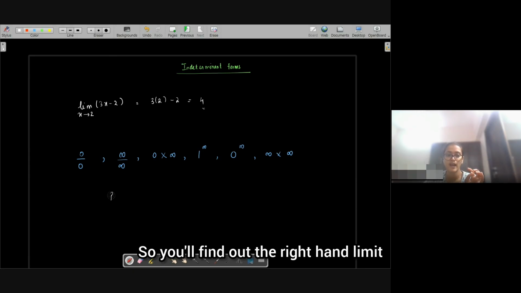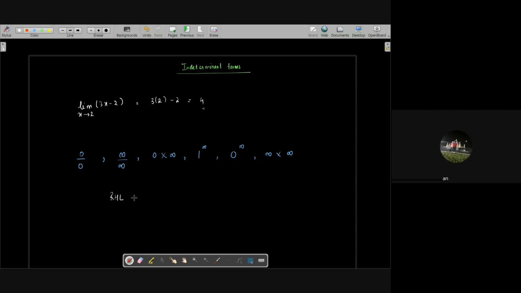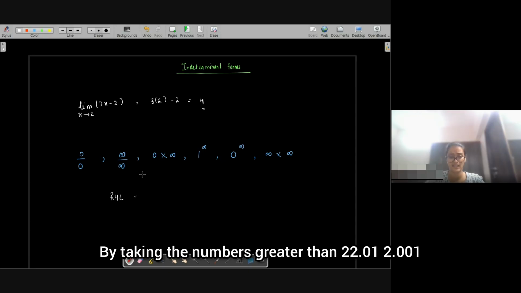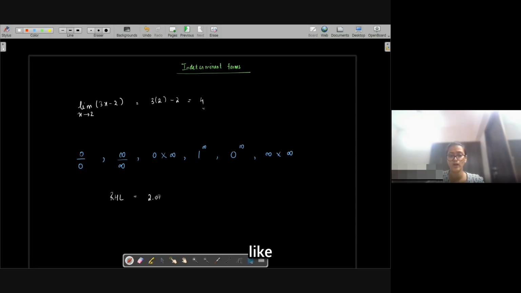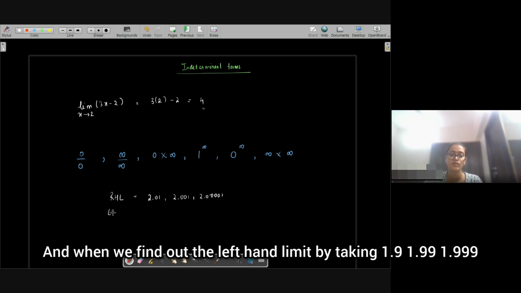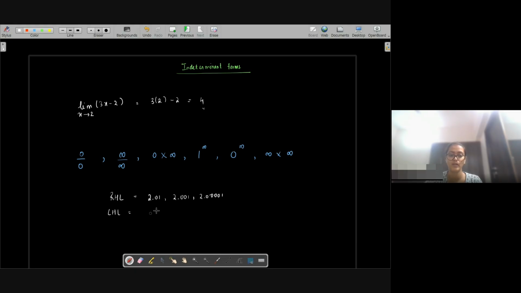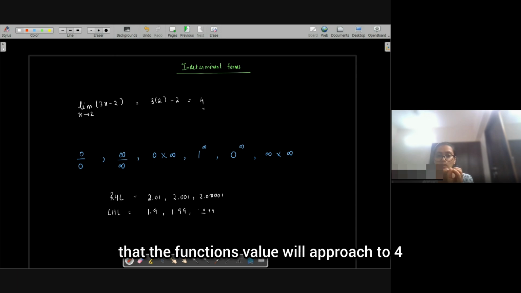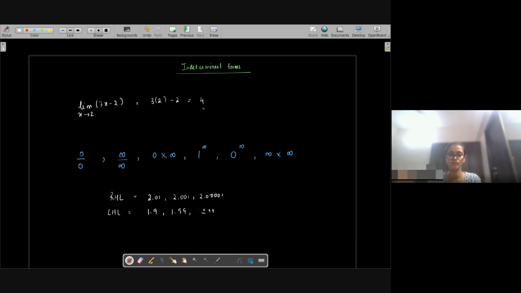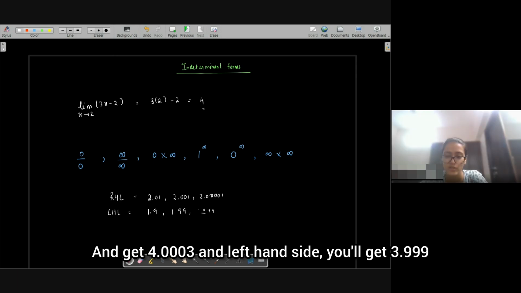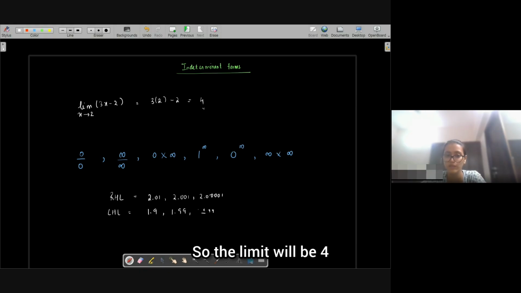You'll find the right-hand limit by taking numbers greater than 2: 2.01, 2.001, like in your examples. And we'll find the left-hand limit by taking 1.9, 1.99, 1.999. And you will see that the function's value approaches 4. You get 4.003 on the right, and on the left side you'll get 3.999. So the limit will be 4.